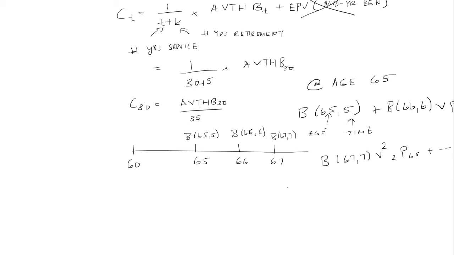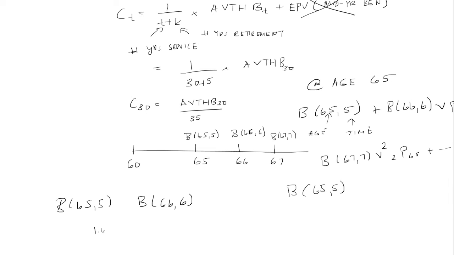Okay, well, I can factor out B65.5, because what's the difference between going from, let's say, B65.5 to B66.6? Well, the benefit premium is going to increase due to inflation and due to age. So I think the inflation we said is 4%, and the age increase is 3%.